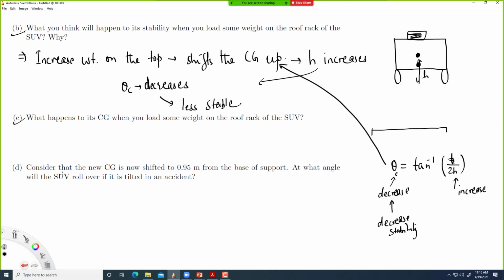So now let's consider a new center of gravity, which is 0.95 from the base of support. So what is the critical angle in this case? At what angle will it roll over? So we want to find theta c for this one. So tan inverse T over 2h.